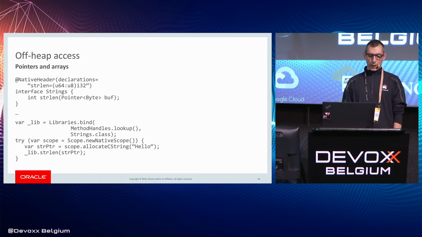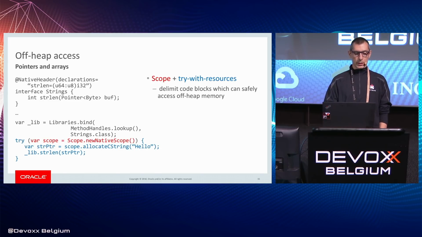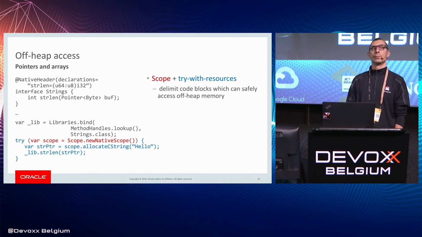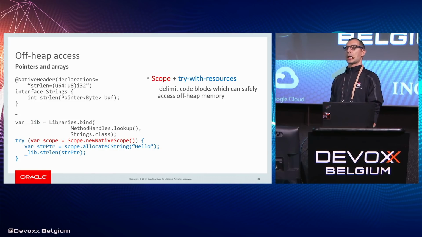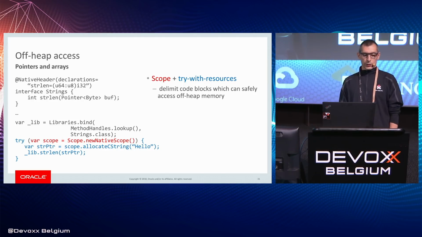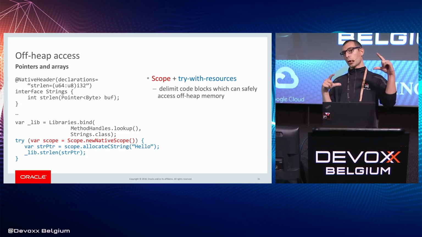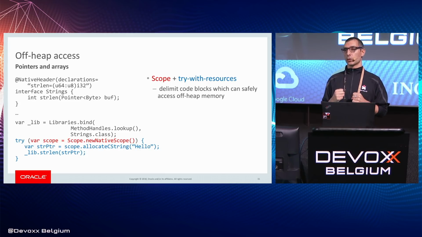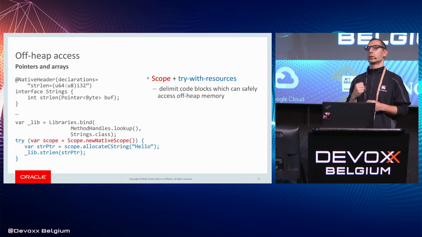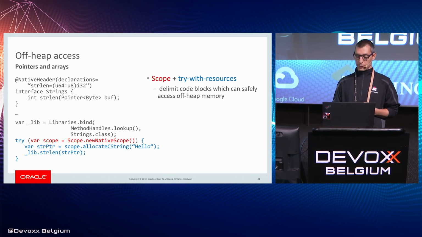In order to allocate, we need to create a scope. This is typically done in Panama using a try-with-resources construct because scope is, surprise, surprise, an auto-closable class. If we allocate a scope with the try-with-resources, then the block of code denoted by the try-with-resources is the piece of code in which it's safe to dereference and operate on those pointers.